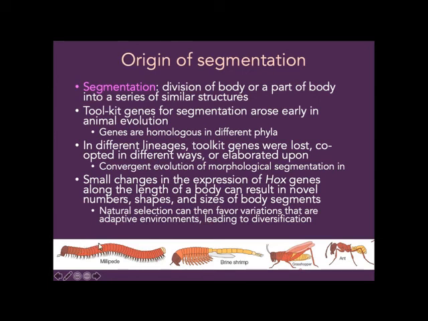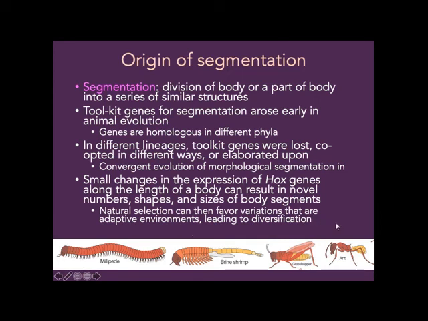You could end up with a fusion of segments, and so basically a small change to a Hox gene can cause a large change to the body. So this is a really quick way, if you have a small mutation, to have something very different in the body that is either advantageous in terms of natural selection or not, right? So natural selection can favor variations that are helpful in adaptive environments, which causes diversification of different body types.